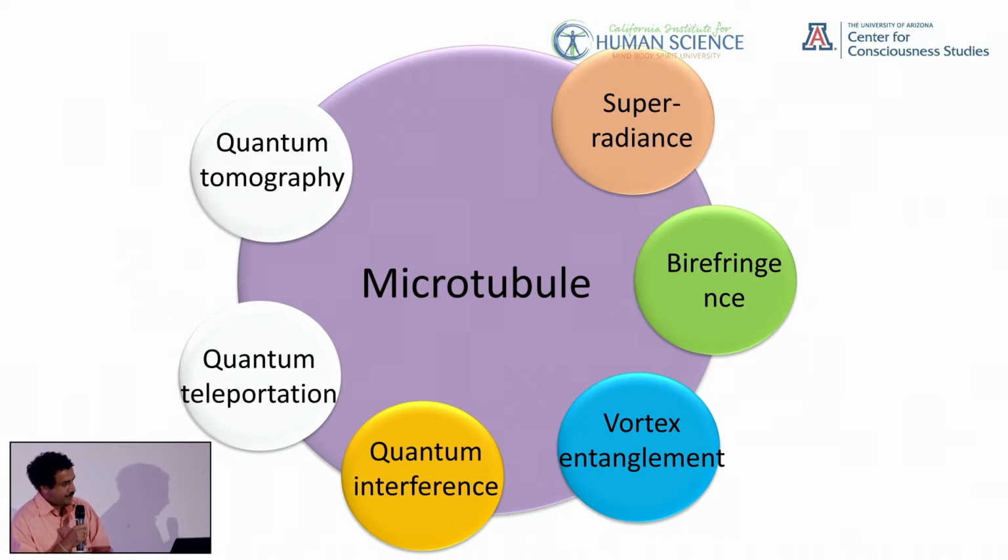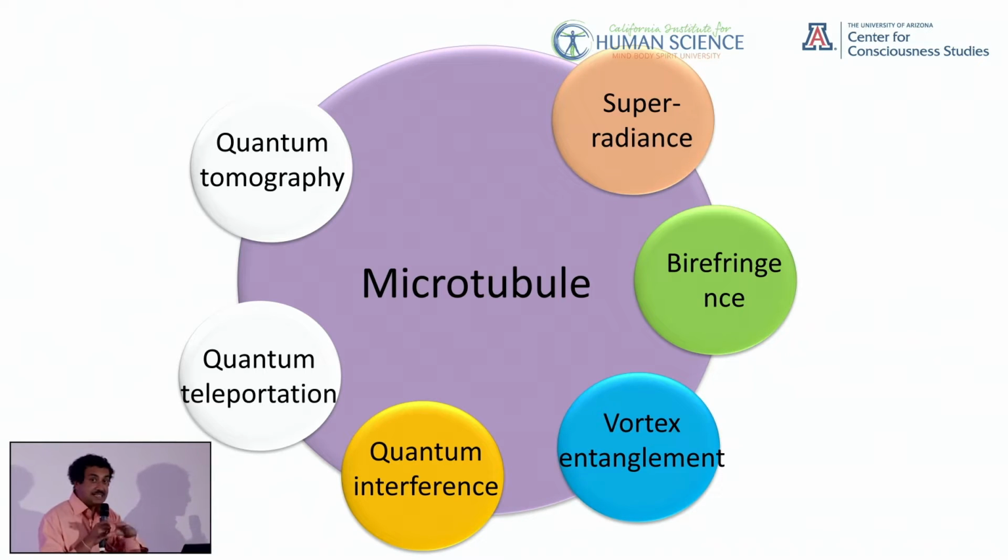So there are many people, some of the people are present here, many people have contributed to the understanding of microtubule, and you will find in literatures reports of super radiance from microtubule birefringence in 1990s, 1995, 2005.